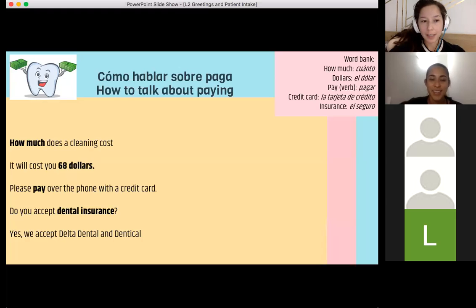Okay, very good. It will cost you $68. So this is definitely a recap from last week if anyone remembers how to say numbers. And $68 is what we're asking for, if you are shy and new to Spanish.